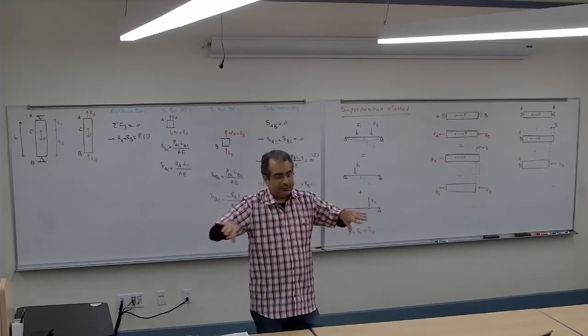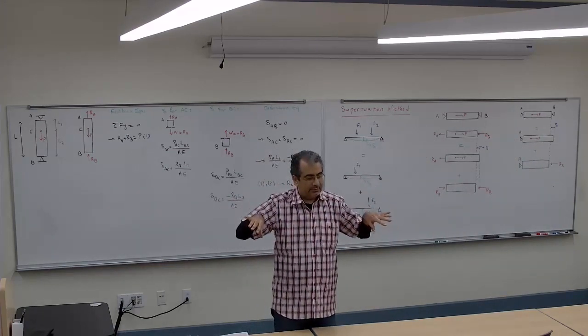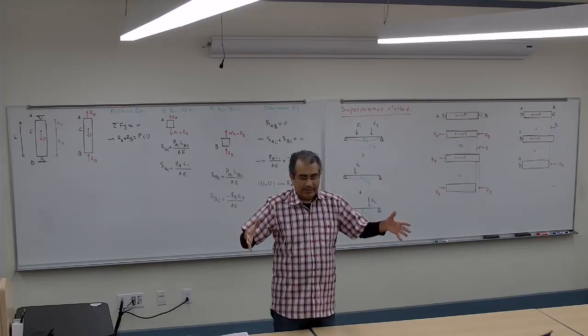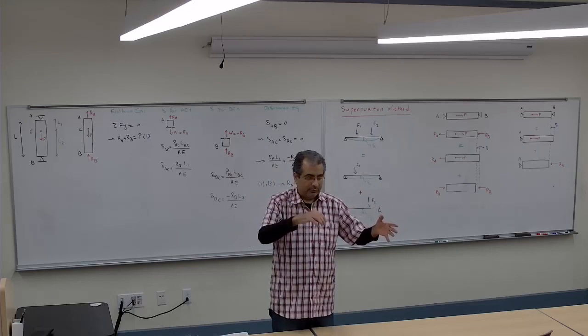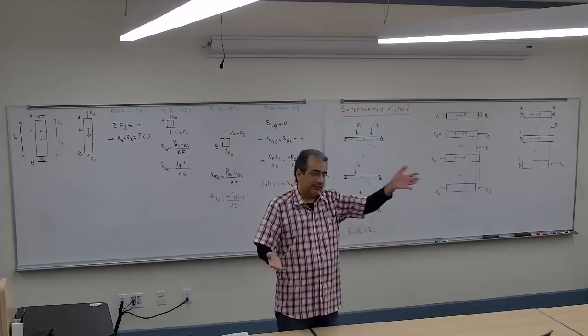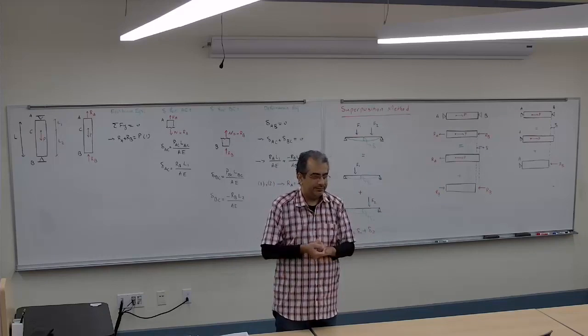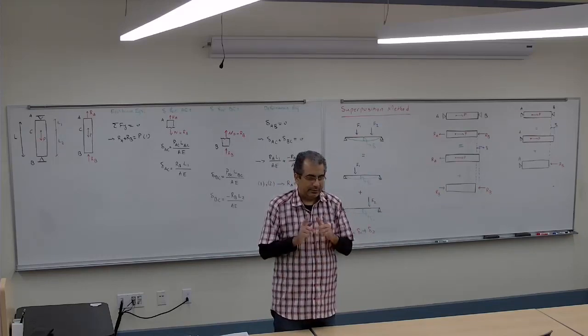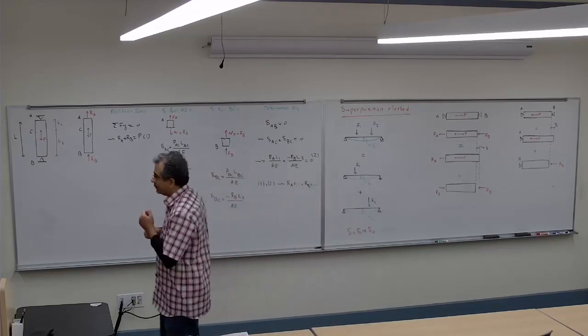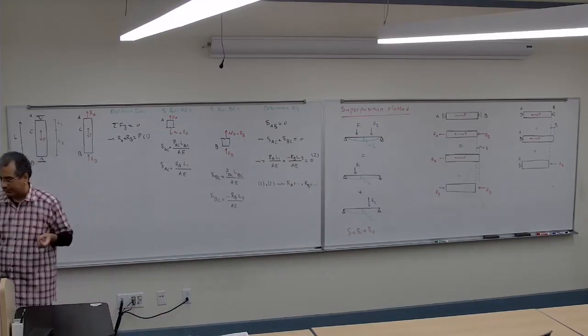Remove one of the reactions to make the case determinate. Solve it, and then remove all the forces but the reaction. And that reaction should cancel everything the other forces did. Got it? We'll do it on the example so you see how it actually happens, but the concept of that, did you get it?